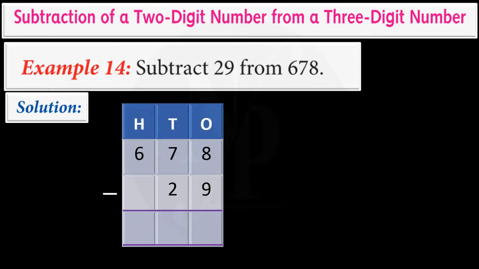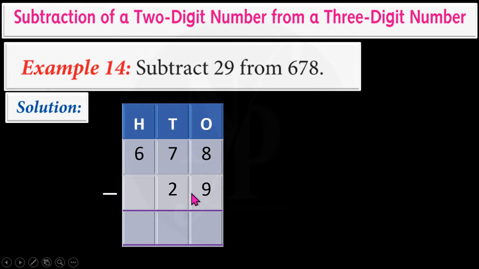First, let us write down the given numbers in place values table, one below the other, as shown here. In the number 678, 6 is in hundreds place, 7 is in tens place, and 8 is in ones place. And in 29, 2 is in tens place, 9 is in ones place.